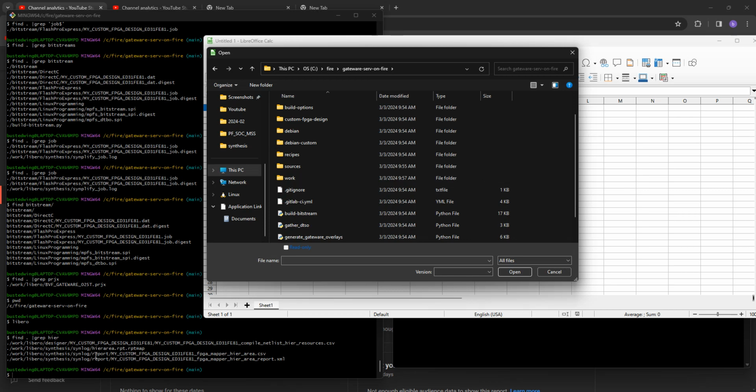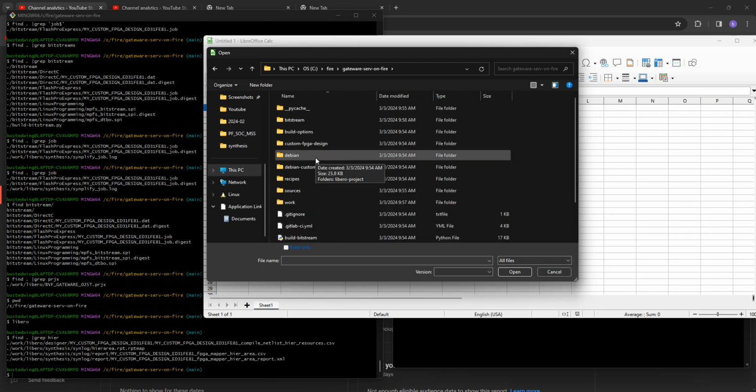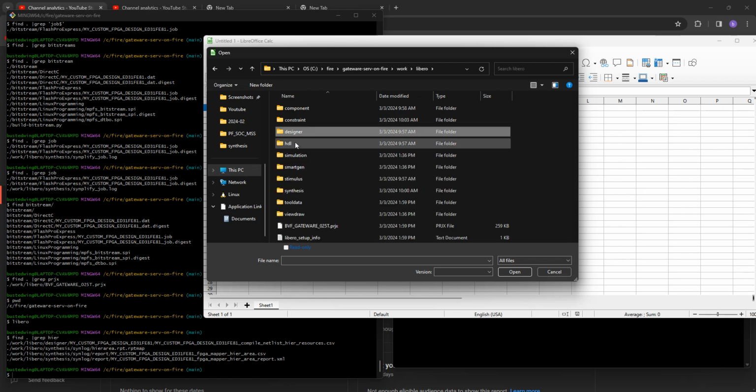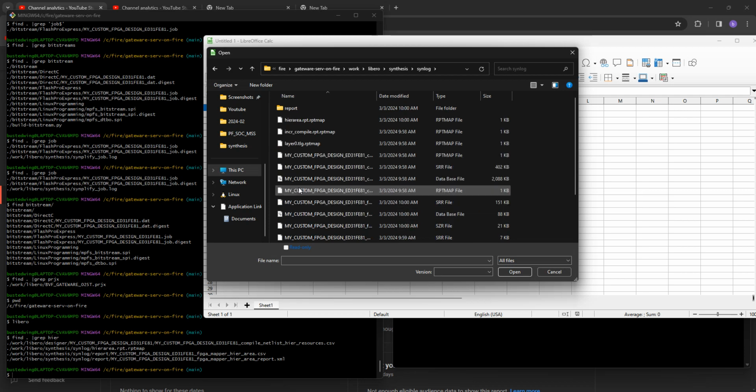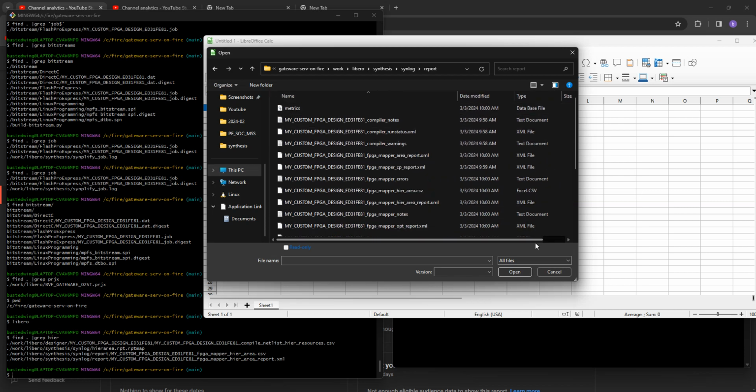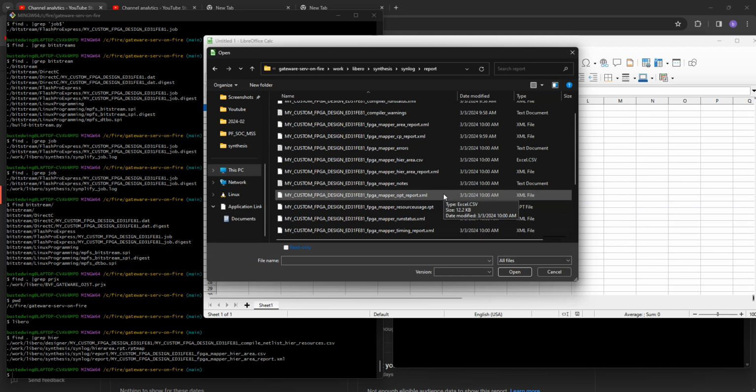We want the synthesis synlog report. A little wider, all files. And we're looking for fire, right here. So we're going to open up this area.